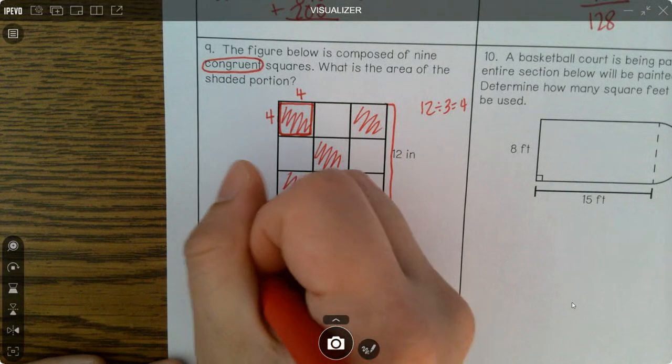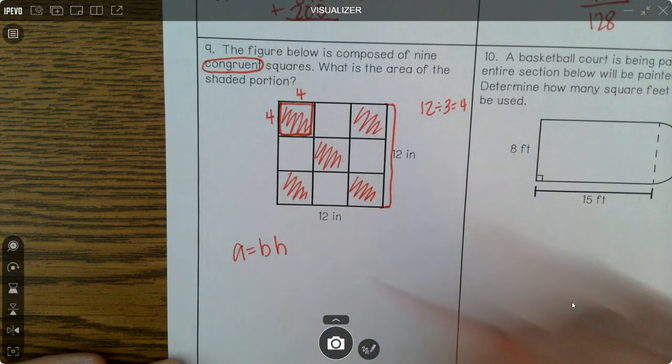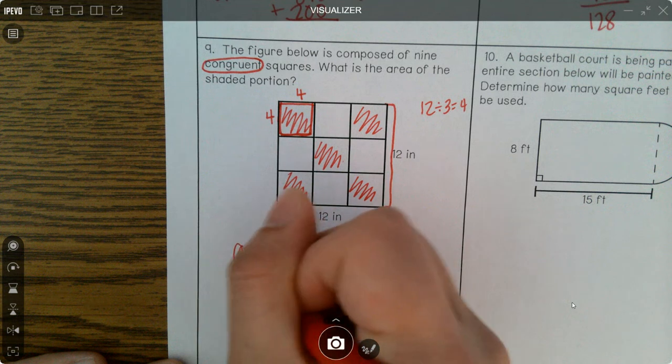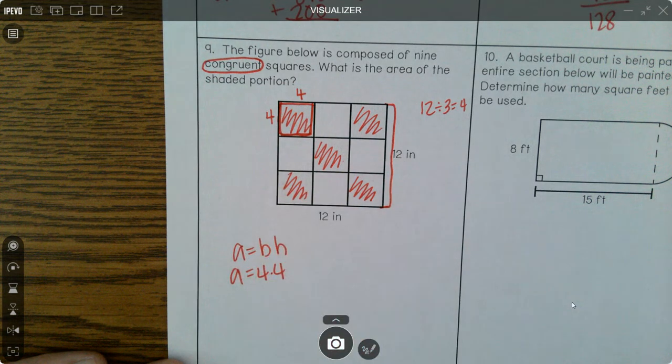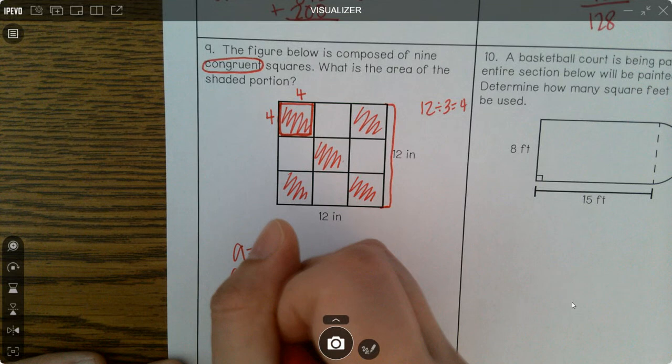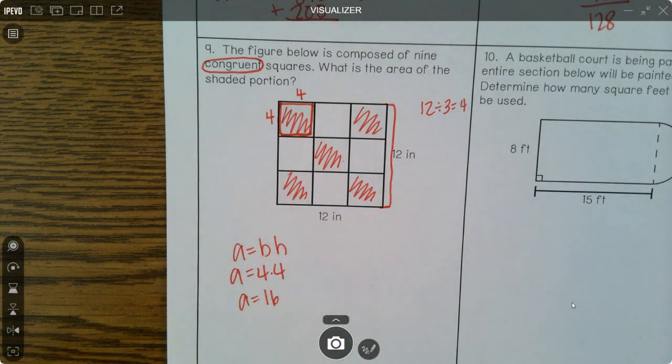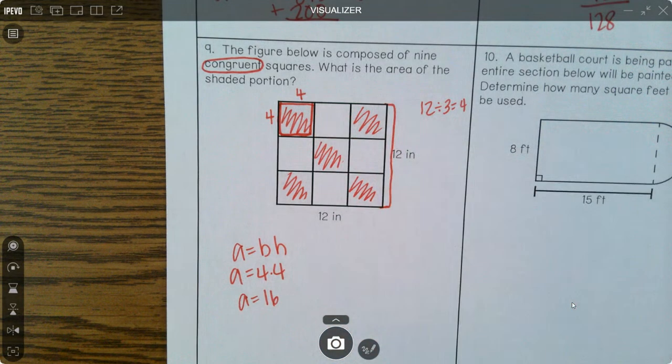And for a square, we use A equals BH. So I'm going to have area equals 4 times 4, giving me what? An area of 16. Well, 16 represents just one singular square. How could I find the total area if I wanted to find the area of 5 squares?